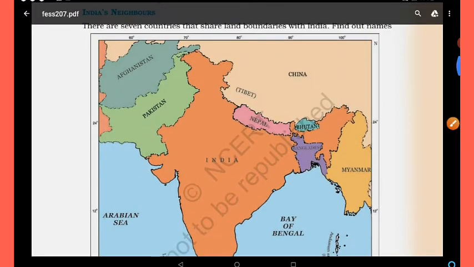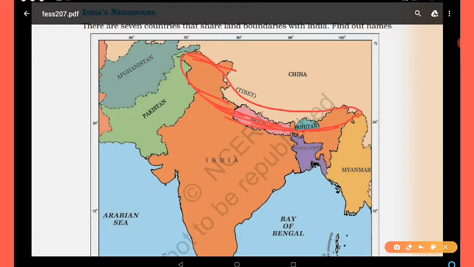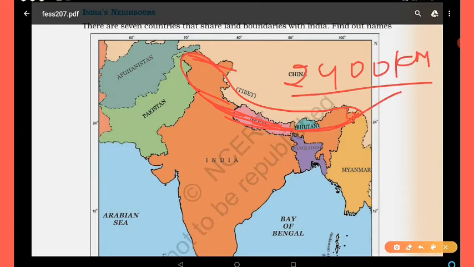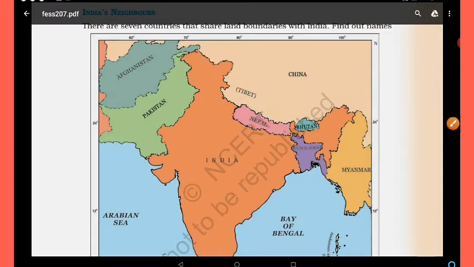And in the north, this is the Himalayas. The expansion of the Himalayas is approximately 2400 kilometers. This is the length of the Himalayas, right? It is one of the very important physical features of India.